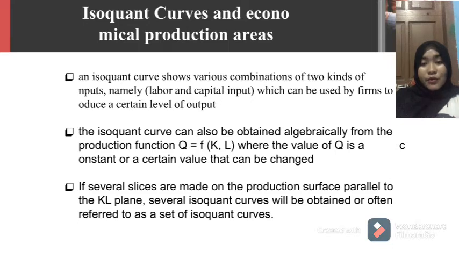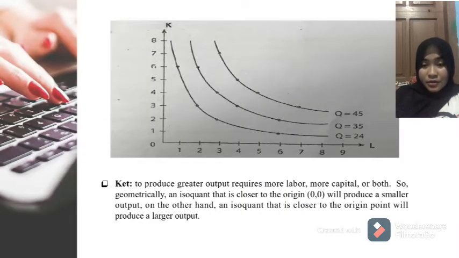The isoquant curve can also be obtained algebraically from the production function, K equals F(K, L), where the value of K is a constant or a certain value that can be changed. If several slices are made on the production surface parallel to the KL plane, several isoquant curves will be obtained, often referred to as the set of isoquant curves. As you can see the curve.